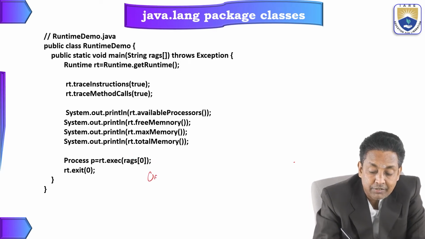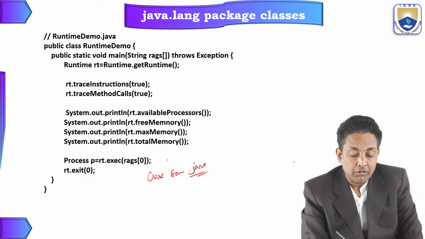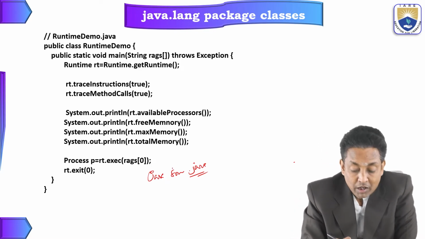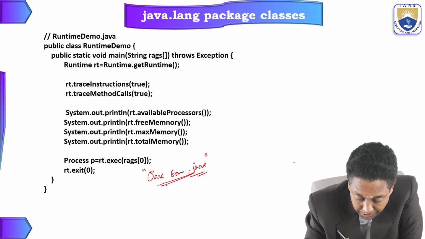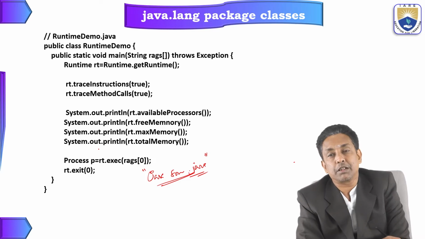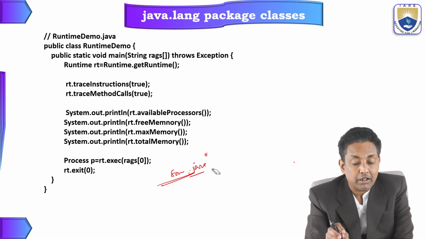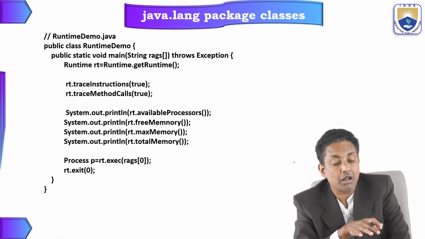If you pass any javac some file name .java, the Java command will execute javac. Once this command execution completes, whatever output comes from this command will come to the Process object. We'll see how to use the Process object next. Runtime.exit of 0 will shut down the program normally.